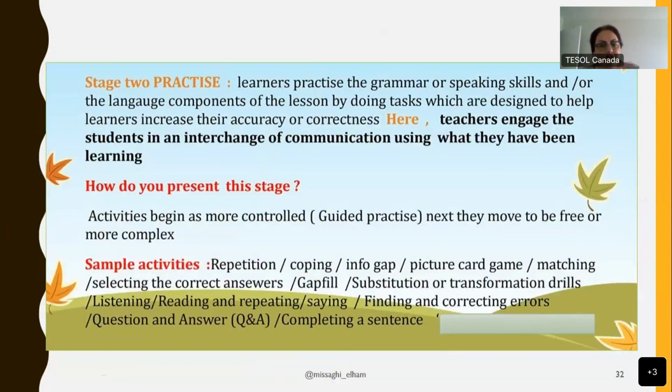They have cards or a picture game. They need to match something, gap filling, transformation drills, reading something, finding something, asking questions and answers. So it all goes to different kinds of activities based on our different learners, and working on the meaning and the form of the language.